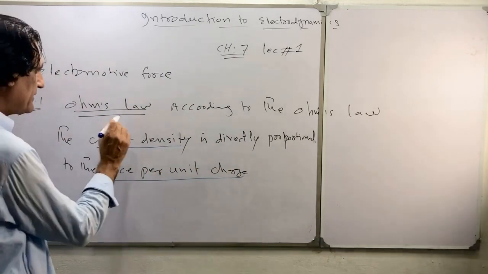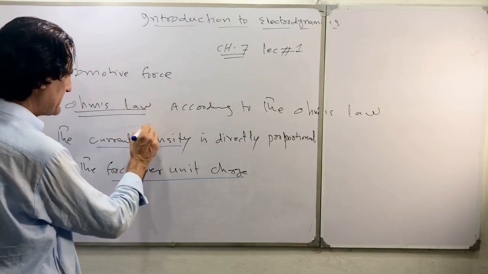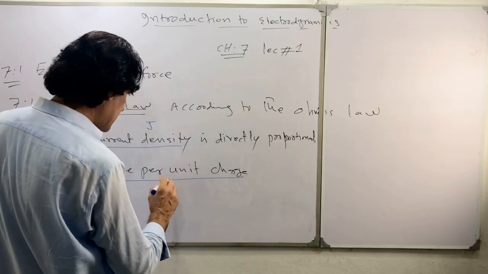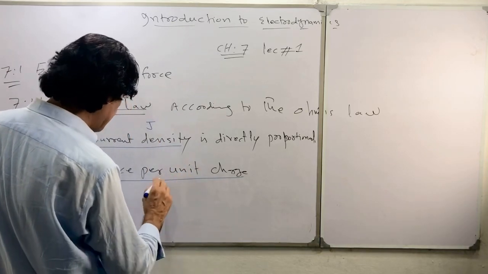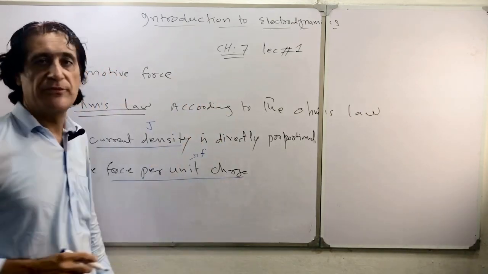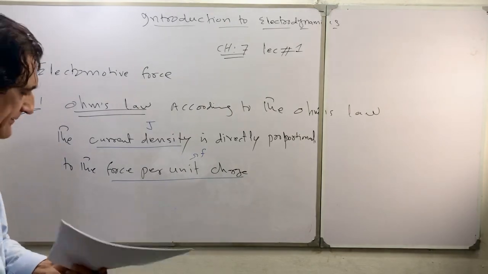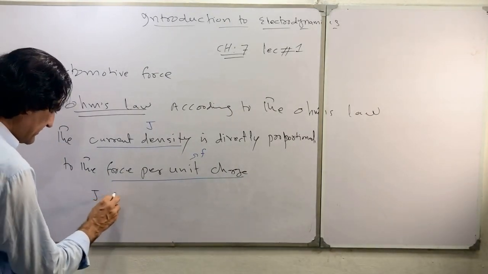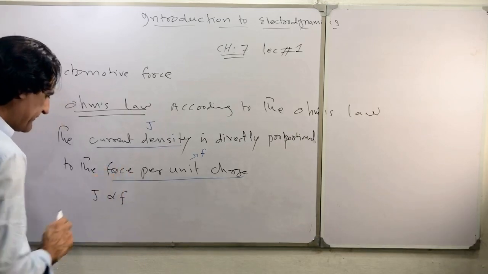So the current density can be represented by J, and the force per unit charge can be represented by F. Then it means that J is directly proportional to F.